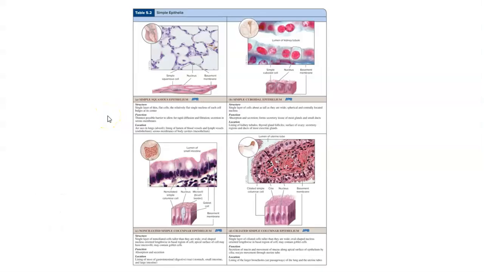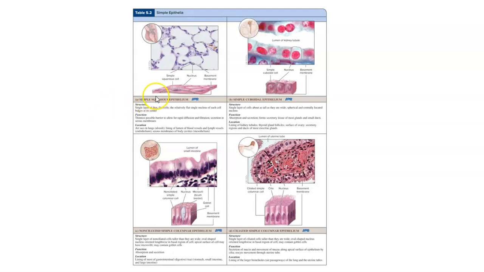I know this slide may be difficult to see the details and the small writing on it, but this is in your textbook, so I'm just going to go ahead and talk you through it as we look at these different examples of simple epithelial tissues. So here in the first image, we have simple squamous epithelial. What does that tell you?